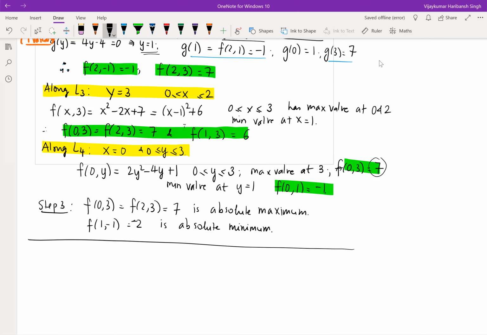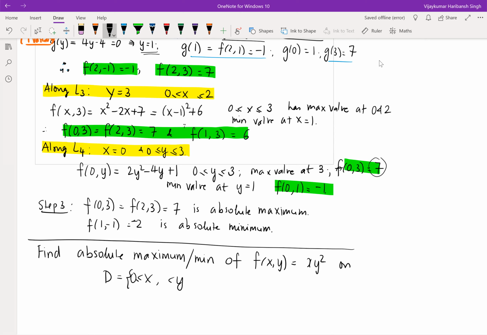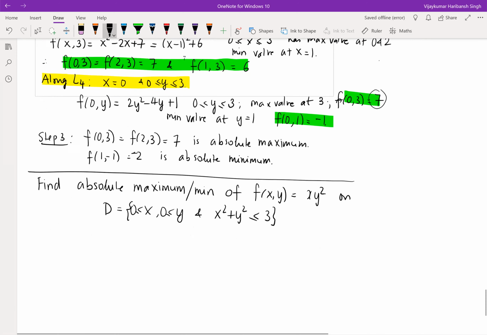Consider f of x, y. Find the absolute maximum/minimum of f of x, y equals x y square on D, which is given by x greater than or equal to 0, y greater than or equal to 0, and x square plus y square is less than or equal to 3. So let's first draw this.